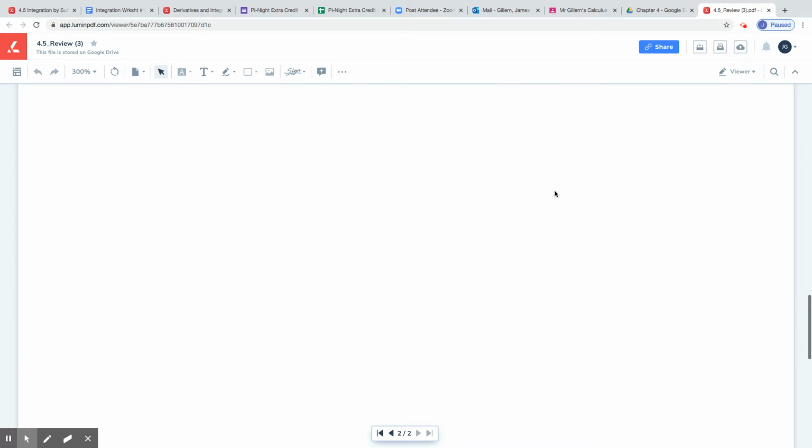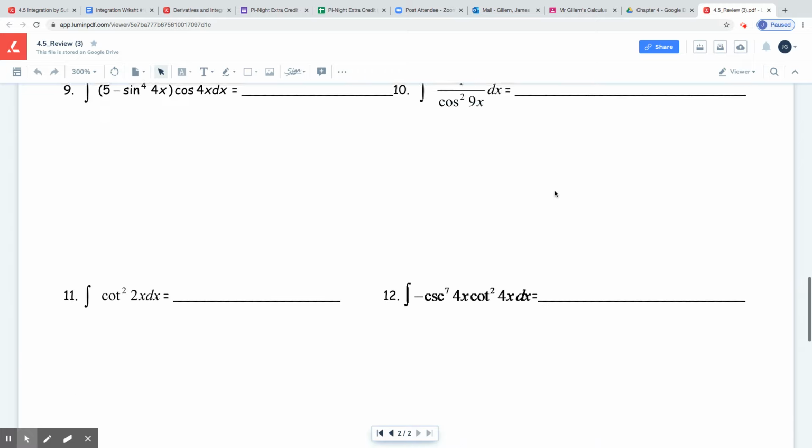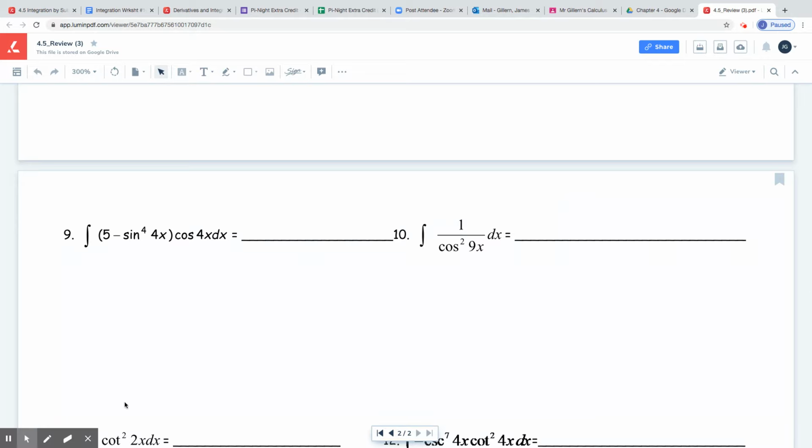Oh, just lost all my writing. Okay. So this is the integral of secant squared 9x. And then the u, it's one trig function, is 9x. Du is 9dx.